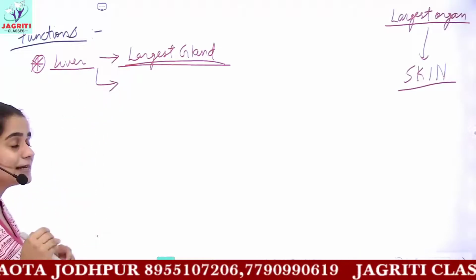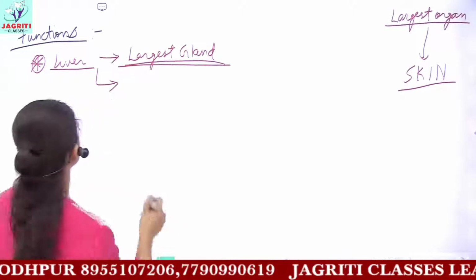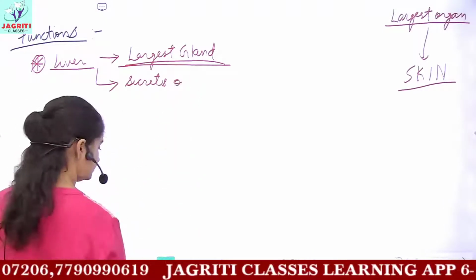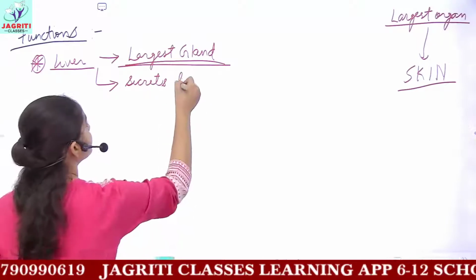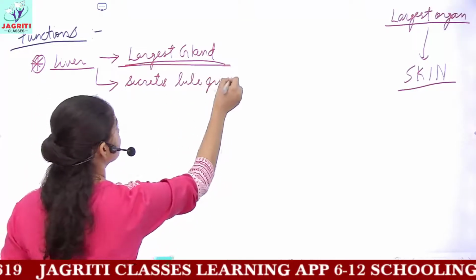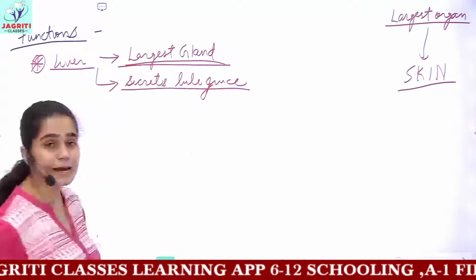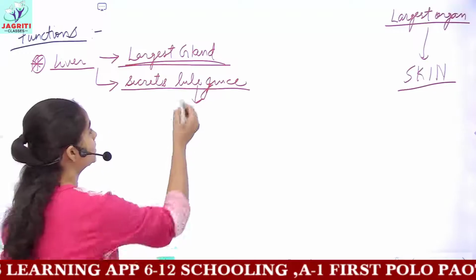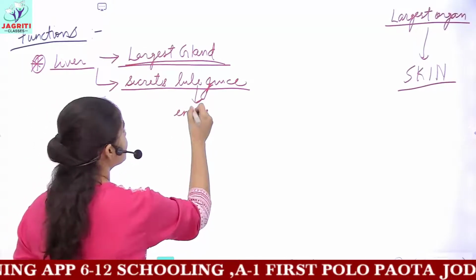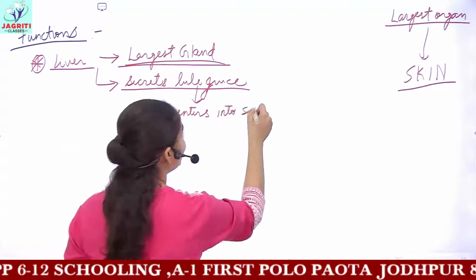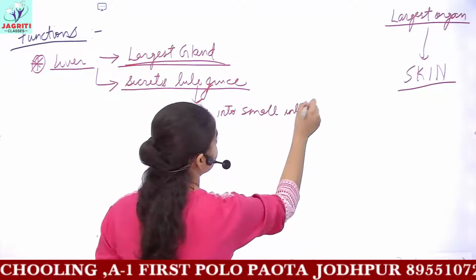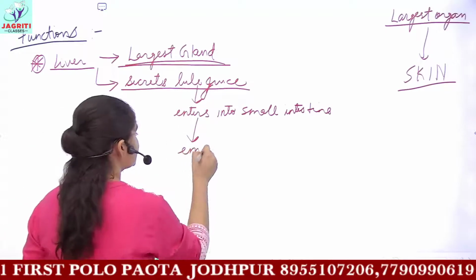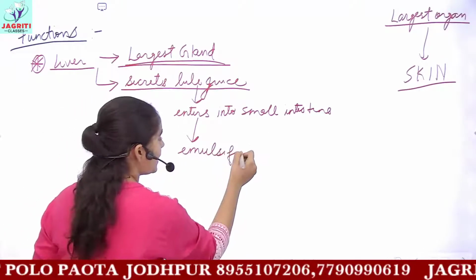Now this liver secretes bile salts or bile juice. What is the function of this bile juice? This bile juice enters into the small intestine, and then it does a process called emulsification of fat.